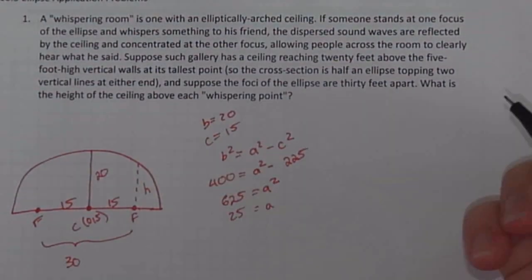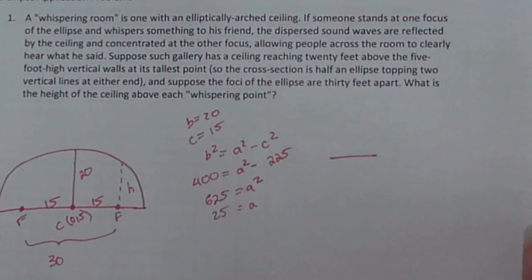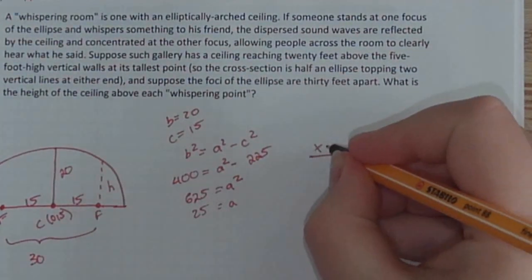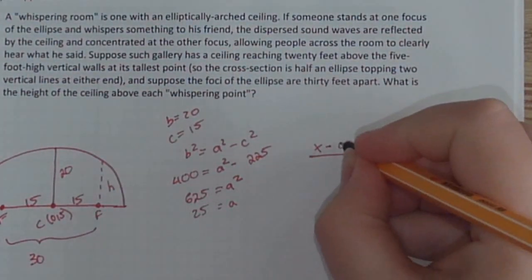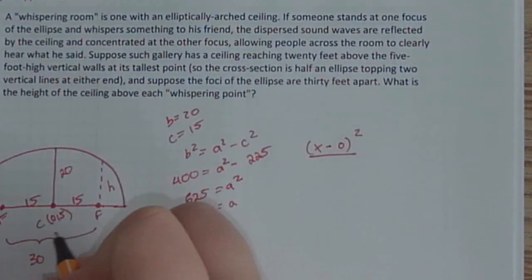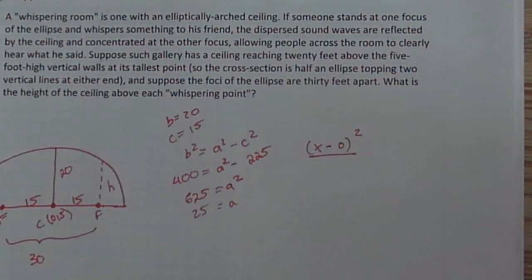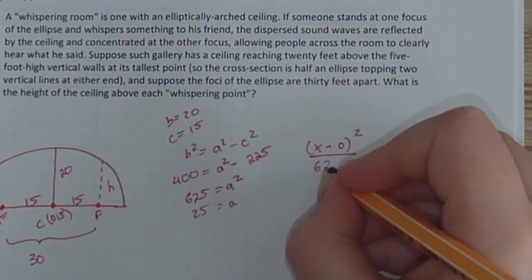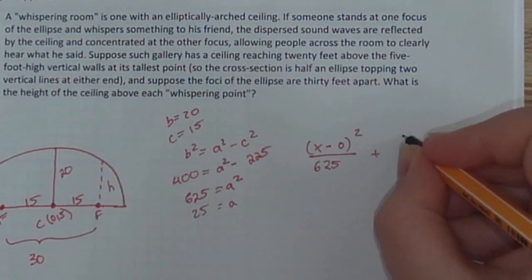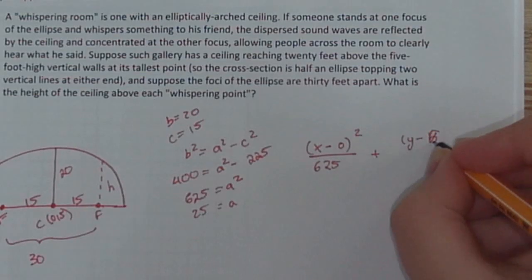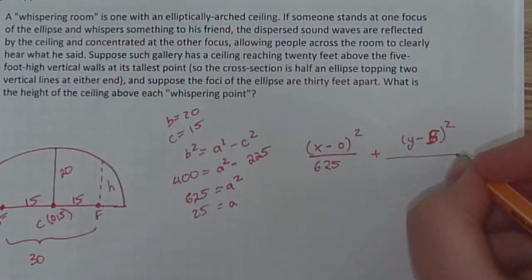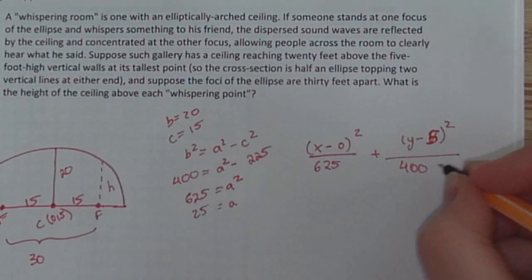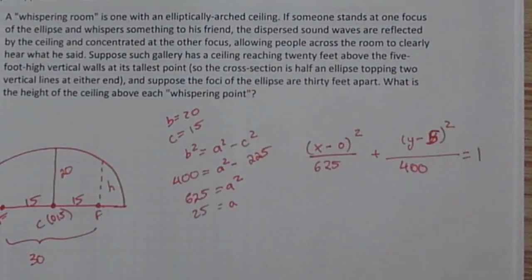Alright, so now we can set up our equation for our ellipse here. So we have x minus 0 squared, because remember our center is 0, 5, over a squared, which is our 625, plus y minus k, or 5, squared over b squared, equals 1.